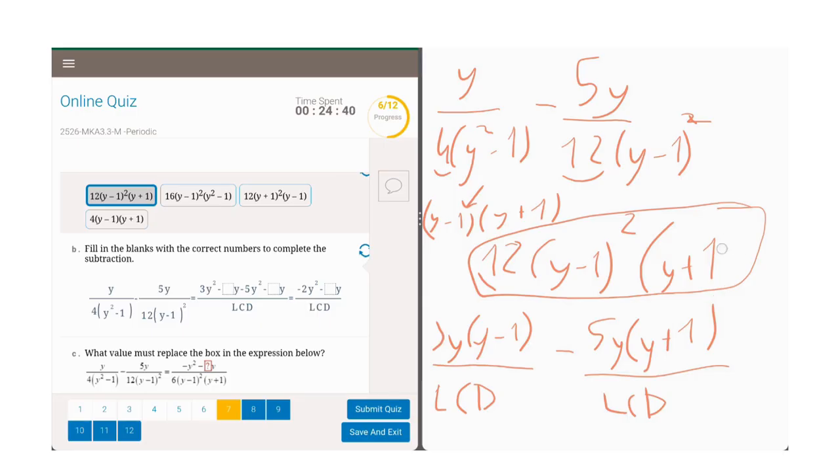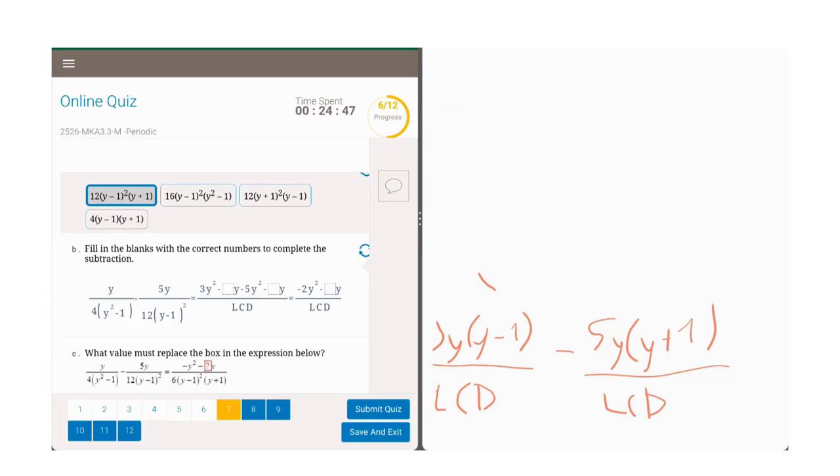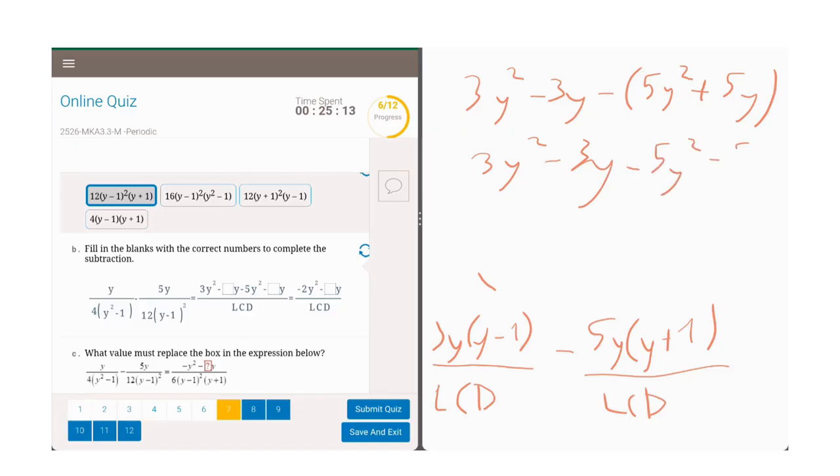So after we distribute, we're gonna get 3y squared minus 3y minus, its entirety would be negative, then 5y squared plus 5y, so this would all be negative. So technically it would be 3y squared minus 3y minus 5y squared minus 5y.